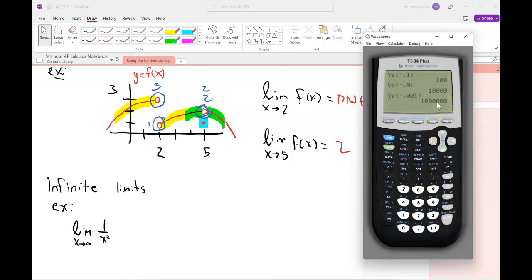It just keeps getting bigger and bigger. The closer I get to 0, the bigger it gets. And if you check from the right side as opposed to the left, because we should double check to make sure they agree, I'm getting the same behavior. Everybody agree that this is going to positive infinity?